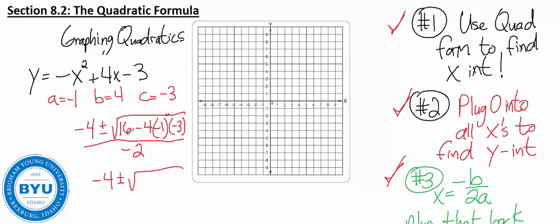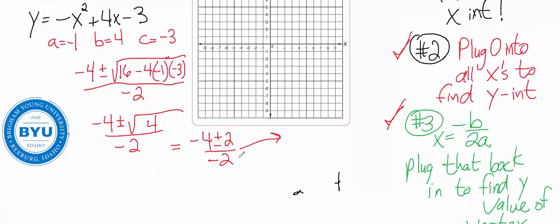Let's see, that's 16 minus 4 times negative 1 times negative 3. That's a little tricky. Oh, it comes out to be 4. Yes, I love when they're even. Okay, square root of 4 is just 2, so we get negative 4 plus or minus 2 over negative 2. Okay, let's do the plus answer.